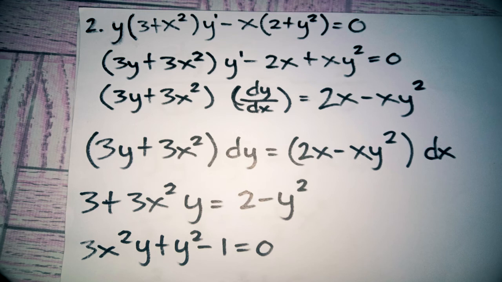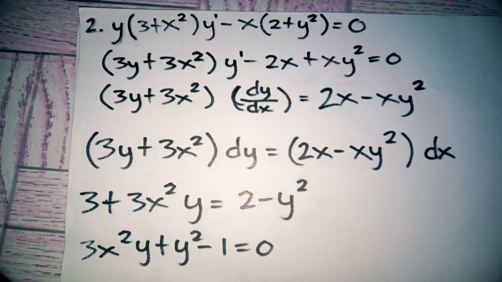Then (3y plus 3x squared) y prime minus 2x plus xy squared is equal to 0. (3y plus 3x squared) dy over dx equals 2x minus xy squared, so (3y plus 3x squared) dy equals (2x minus xy squared) dx.